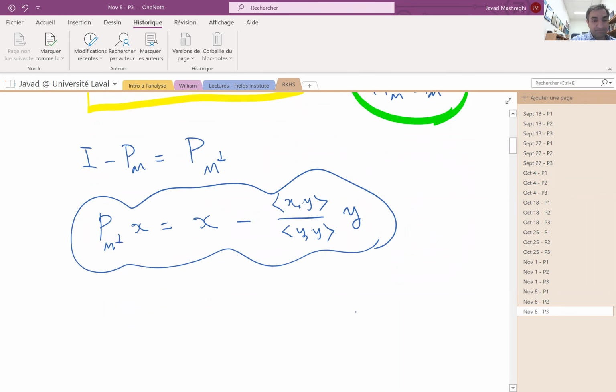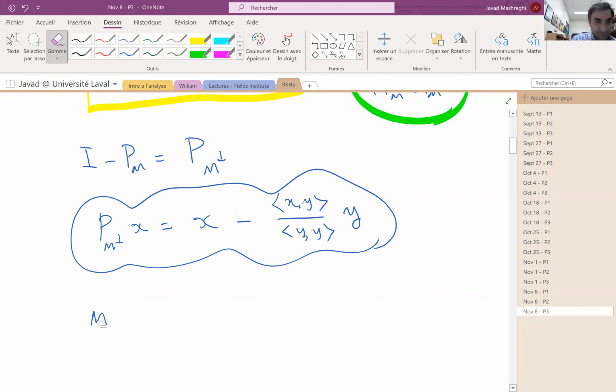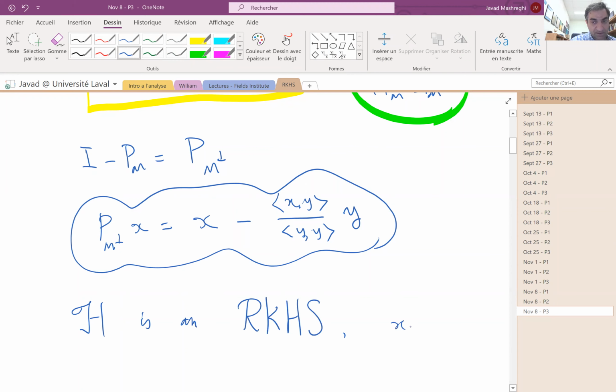What is my M in the context of H now being an RKHS, and x0 is a point in X?